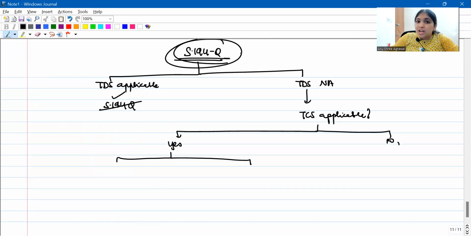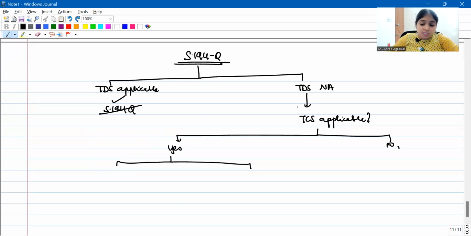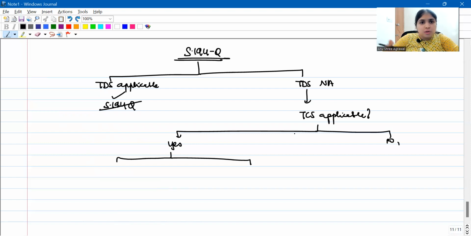Even here we're talking about goods. For goods we have 3 sections only: 206C1 which talks about alcohol and other items, 206C1F which talks about motor vehicles, and 206C1H which talks about other goods.